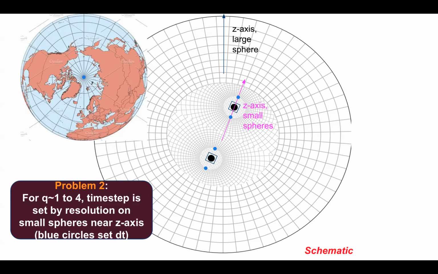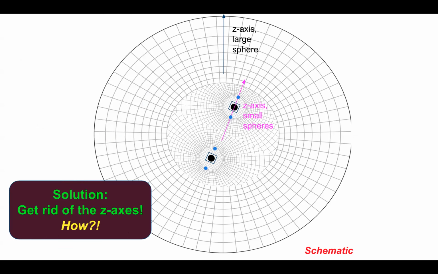And for Q equals 1 all the way up to Q equals 4 to 1 mass ratio, the time step is governed not by the resolution near the black holes, in other words not by the resolution as dictated by the physics, but by the fact that there's a coordinate singularity. There's a z-axis. There is that north pole, if you will, north and south poles on those small spherical grids that have tighter grid spacing than near the black holes. That's bad. And that results in about an order of magnitude inefficiency for Q equals 1.